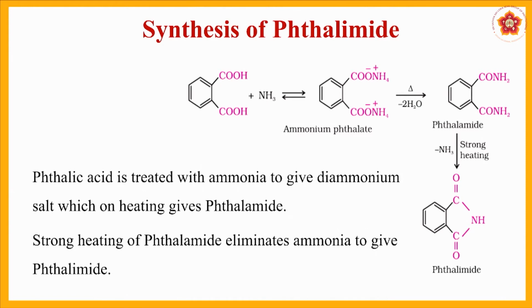The common name is phthalic acid. This phthalic acid can react with ammonia to give corresponding salts and then further amide systems, but if you undertake very strong heating, it gives a type of compound which we call phthalimide. So, how do these reactions take place?